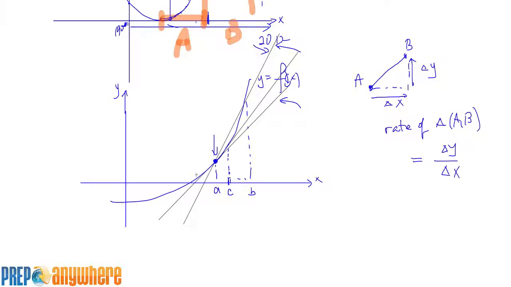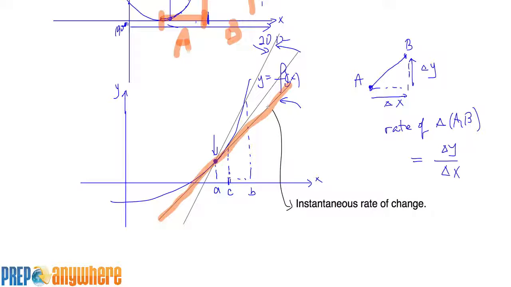This slope here, we call the instantaneous rate of change.